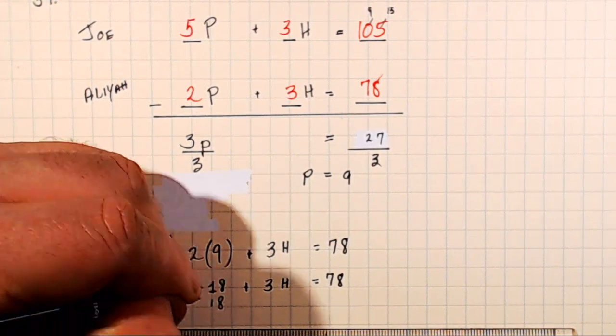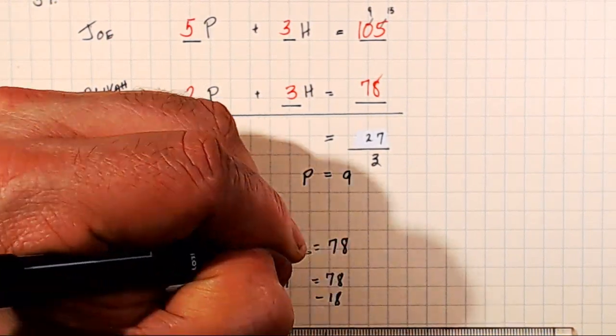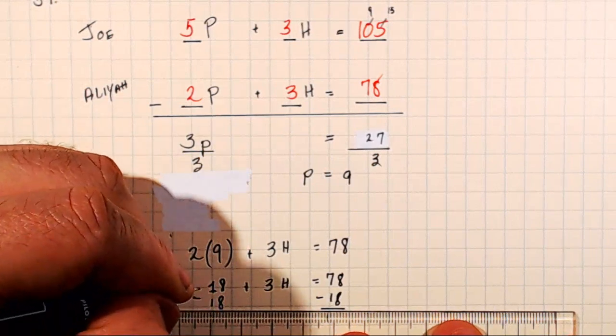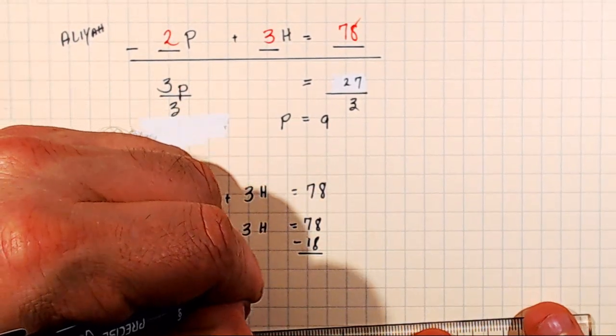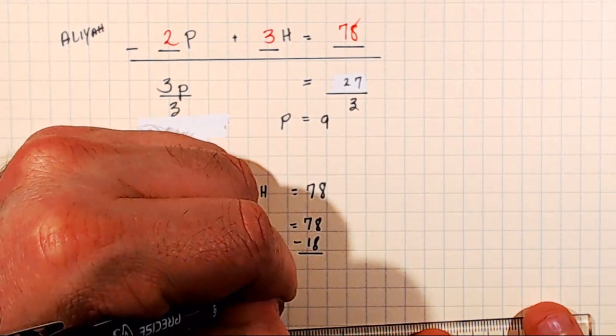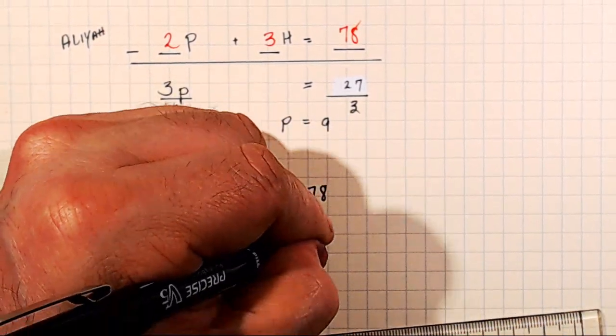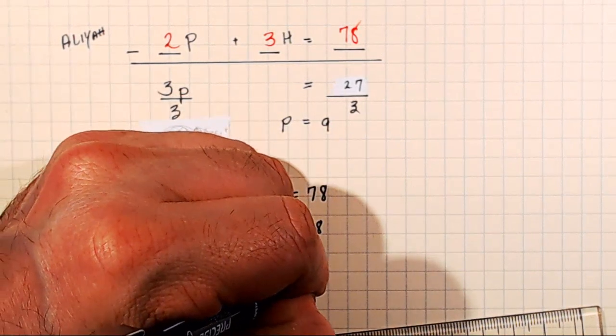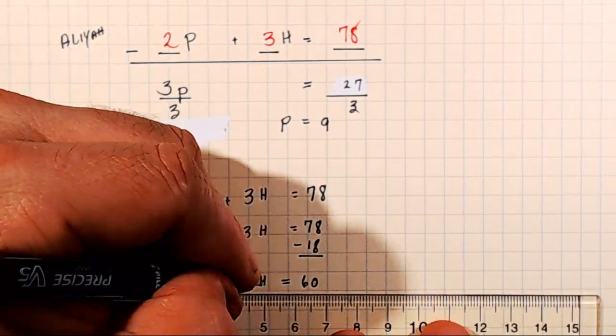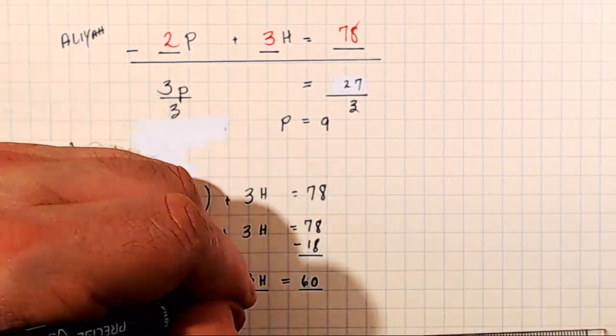Subtract 18 from both sides. And we'll try to subtract again. Cancels out on the left. I now have 3h equals 8 minus 8 is officially 0. 7 minus 1 is officially 6. So 3h equals 60. I feel pretty confident about that.